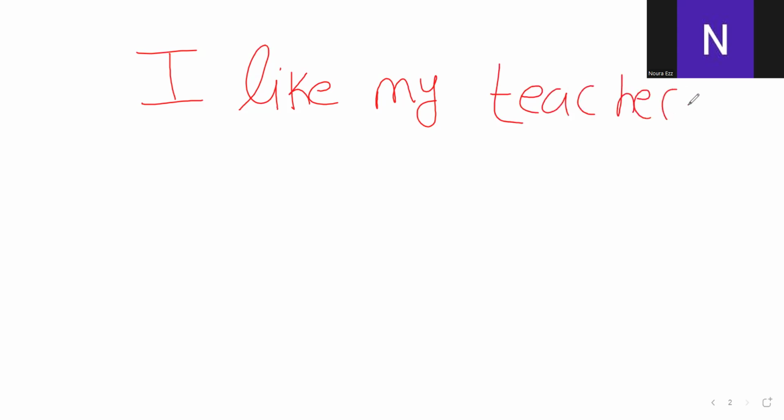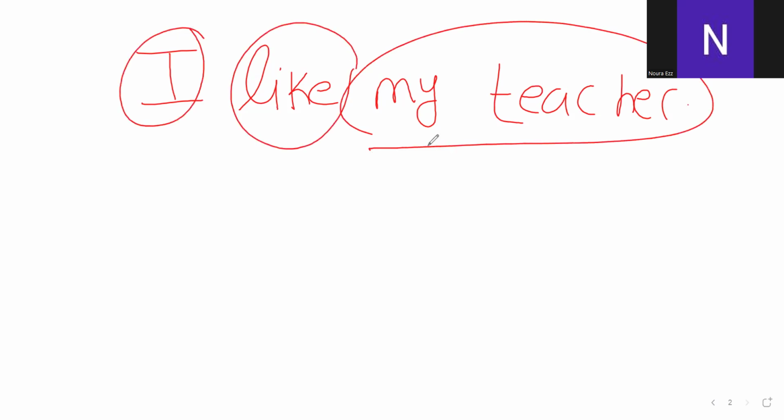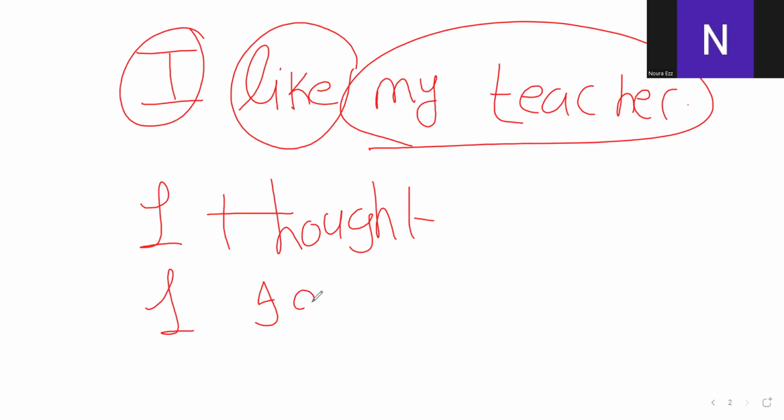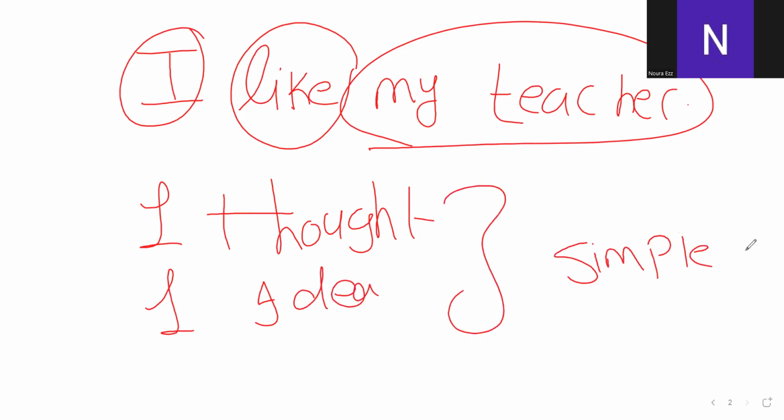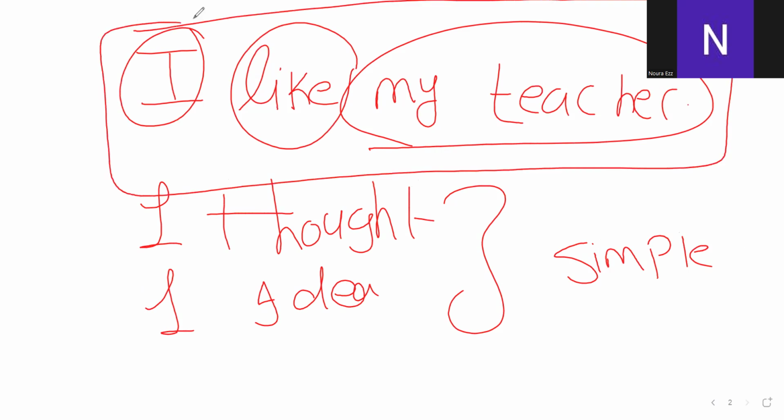This one has one action, one subject, and then the predicate. So if it has one thought, one idea, it's simple, it's not compound. And this sentence, you can understand it. It doesn't need anything to help you to understand it.